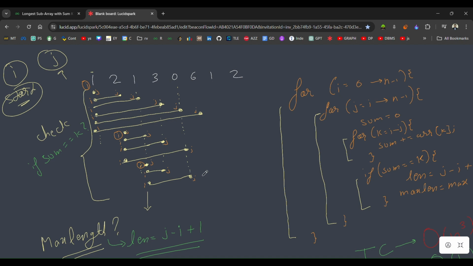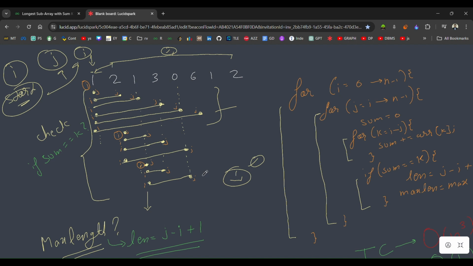So basically what I am doing, I am keeping a pointer here, let's say i, which is the starting point, and for the ending point I am iterating through all these indices, that is j. Including i also, because see, 1 is also a subarray. A single element is also a subarray.